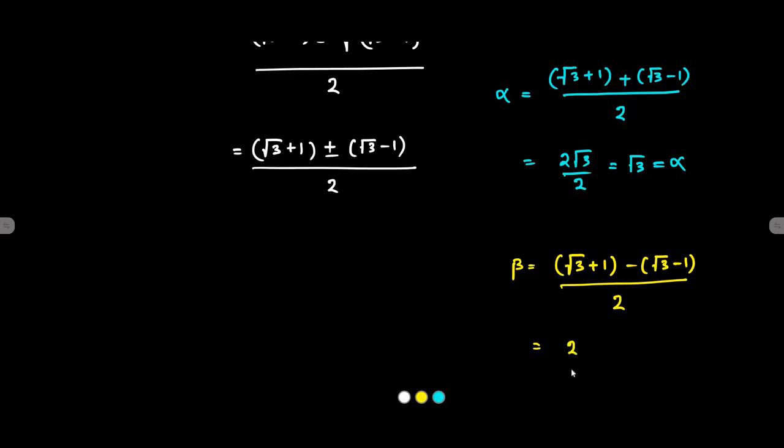So this becomes 1 plus 1, 2. So 2 by 2. Okay, when the bracket is open, this becomes minus root 3 plus 1. Plus root 3 minus root 3 gets cancelled. 1 plus 1 is equal to 2. So it is 2 by 2, which is equal to 1. So this is beta.